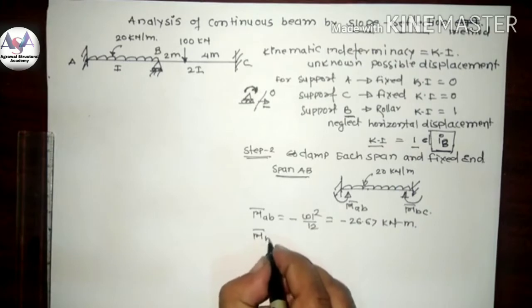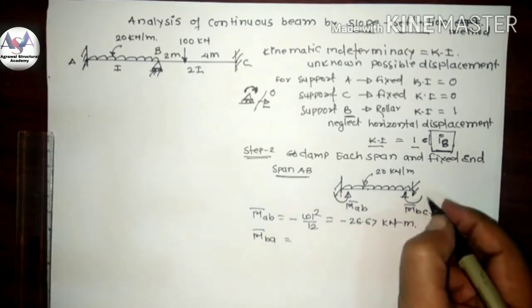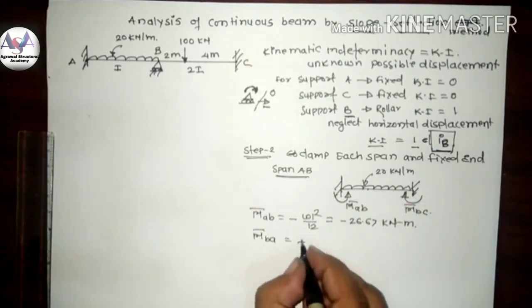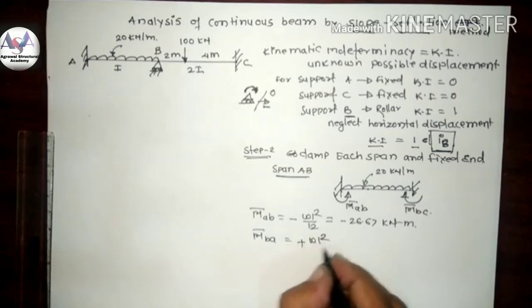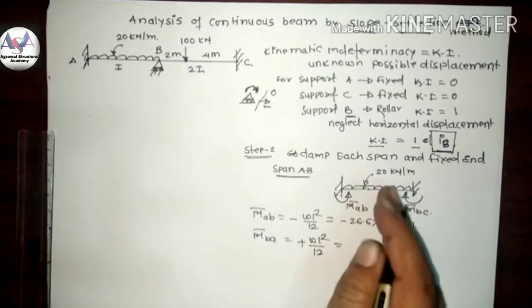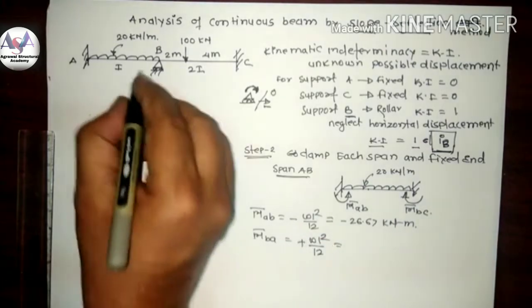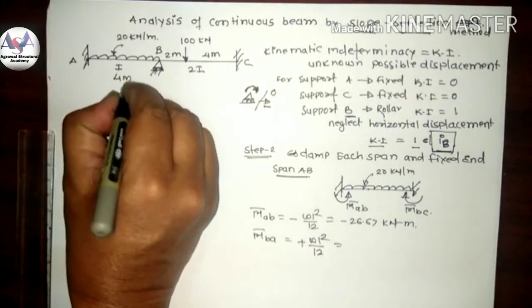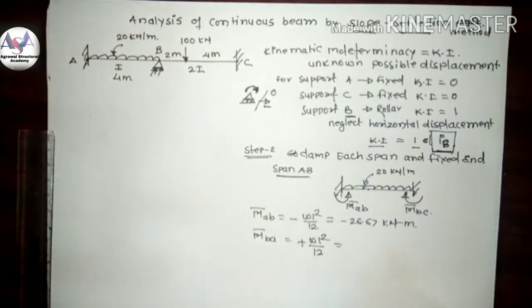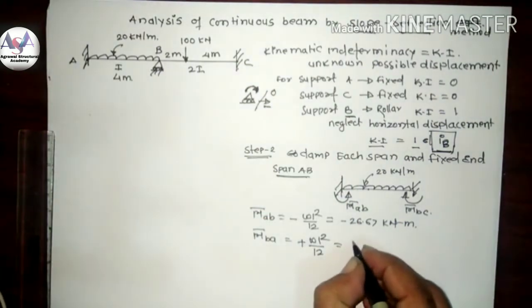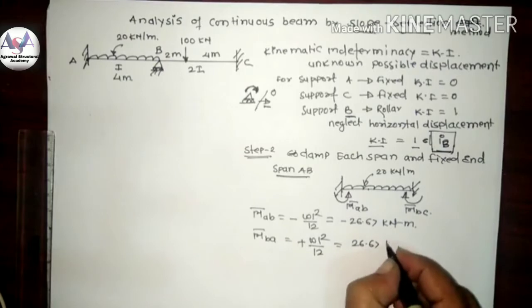M bar BA is equal to, this rotation is clockwise, so plus WL square by 12. Put the value of 20 here. Here L is given as 4 meter for this span and 6 meter for the next. So this is plus 26.67.